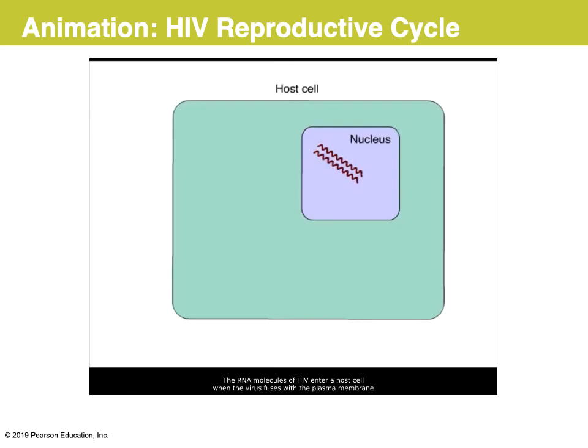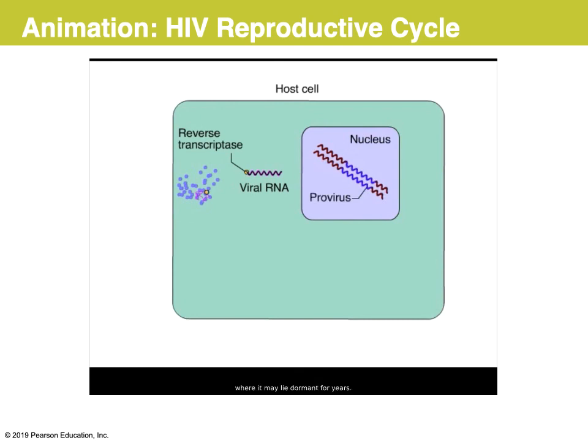The RNA molecules of HIV enter a host cell when the virus fuses with the plasma membrane and the coat proteins are removed by enzymes. Reverse transcriptase catalyzes the synthesis of a DNA strand complementary to the viral RNA strand, and then a second DNA strand complementary to the first. The double-stranded DNA is incorporated as a provirus into the host cell's chromosomal DNA, where it may lie dormant for years.